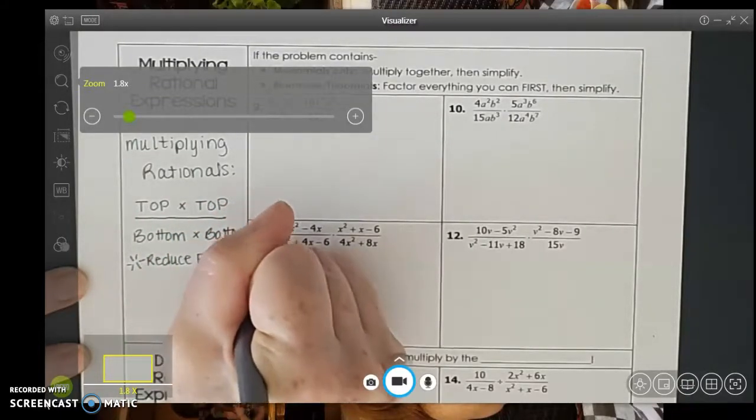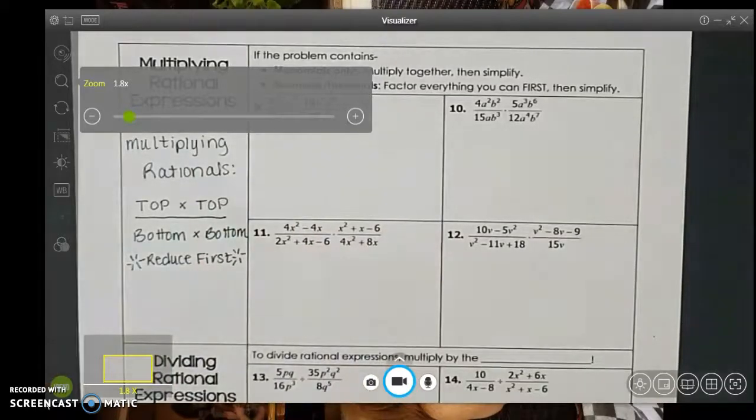Okay, so let's look at number 9. Number 9 says 6x squared y to the third times 10x cubed y to the fourth, all over 2x squared y squared times 18y squared. Now we can multiply first and then reduce everything at the end.